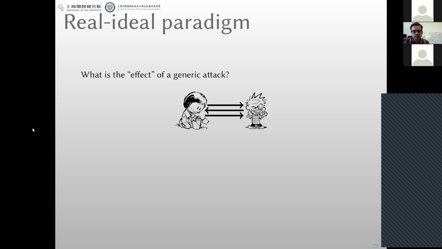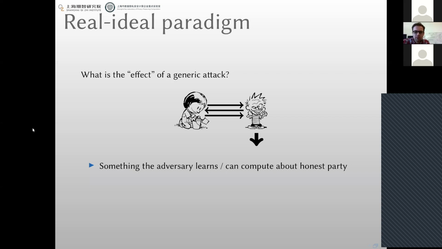Here is a situation where the attacker is running the protocol against Alice, and I want to understand what is the effect of this attacker. Well, the attacker comes away from this interaction, and the attacker has seen some messages from the honest party. So the attacker has maybe learned something about the honest party's input.